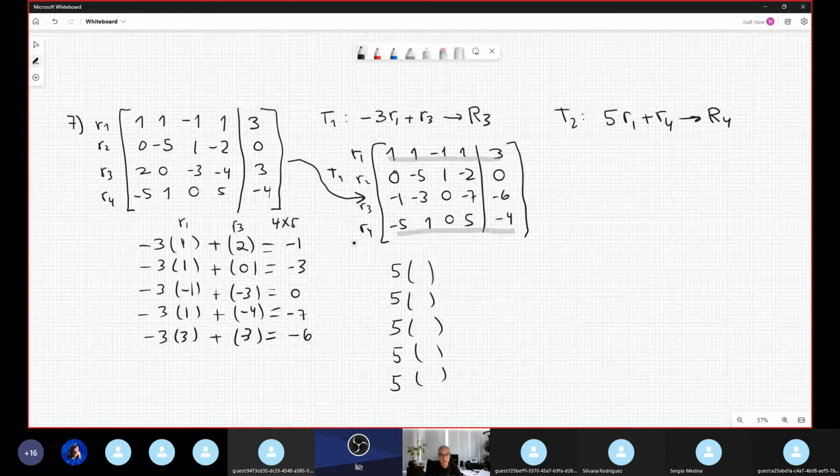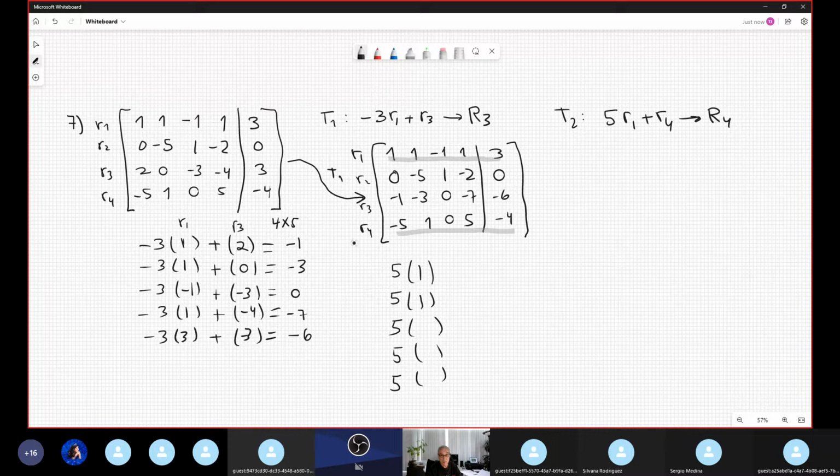In this case, a coincidence because I don't touch the row 1, plus row 4, that is negative 5, plus positive 1 plus 0 plus 5 plus negative 4.